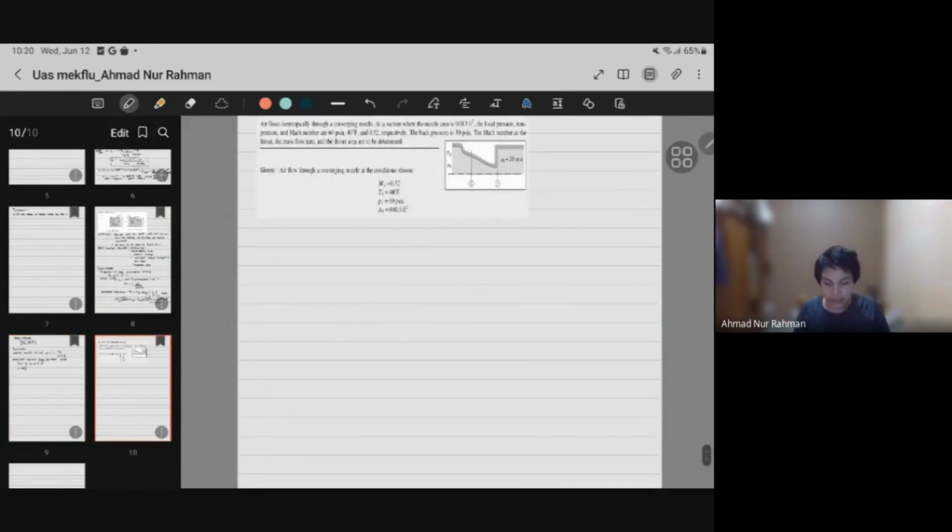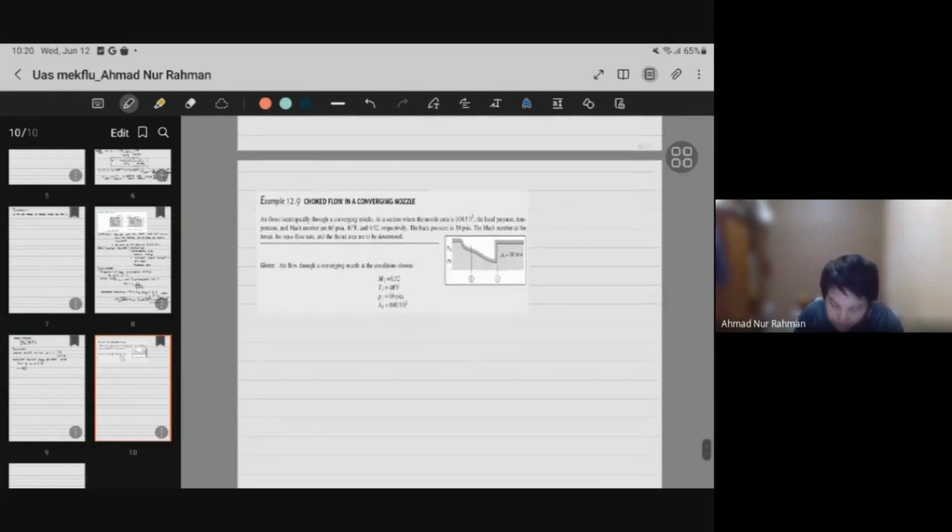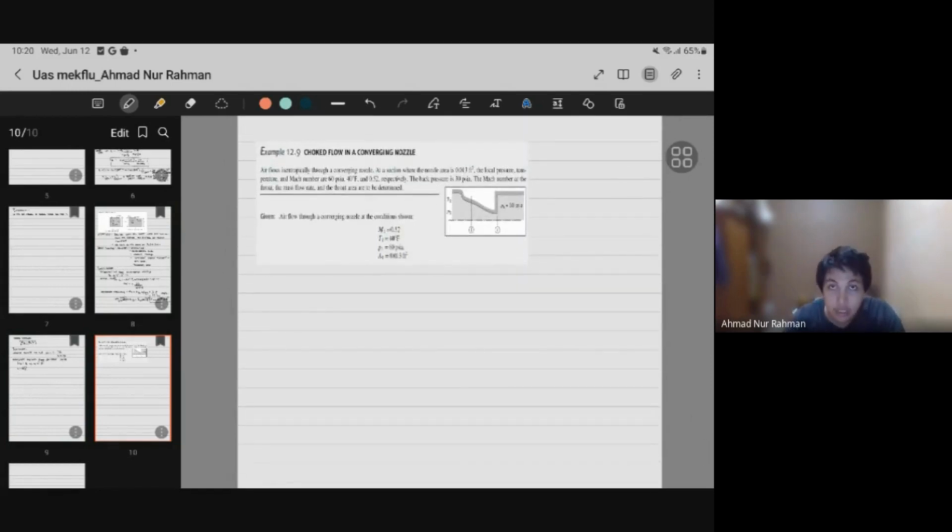Now we get to the final question. The airflow is isentropic through a converging nozzle at a section where the nozzle area is 0.013 feet squared.